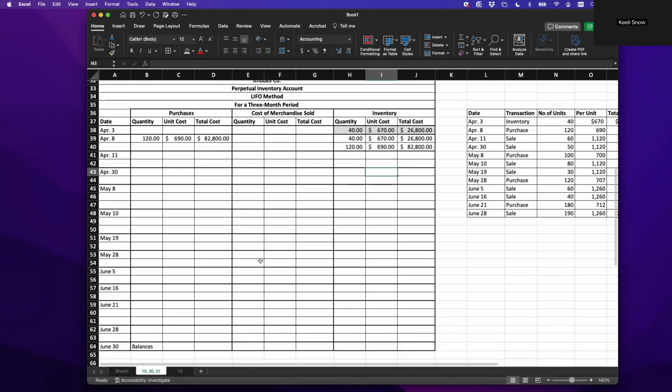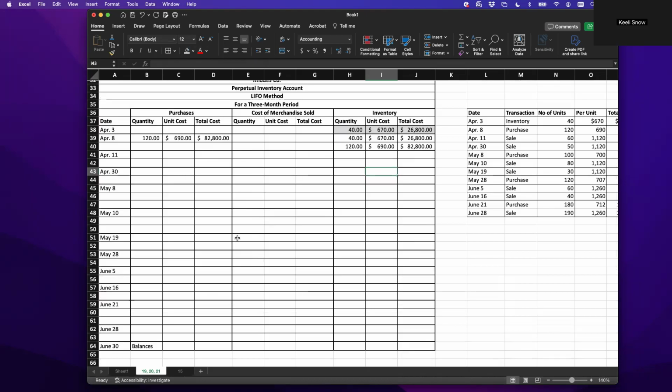On April 11th, we're going to make a sale and we're doing last in, first out. So instead of starting from what we have at the top, we're going to start at the bottom. So April 11th, we're going to sell 60. Last in, first out, the last ones we purchased cost $690. So 690.